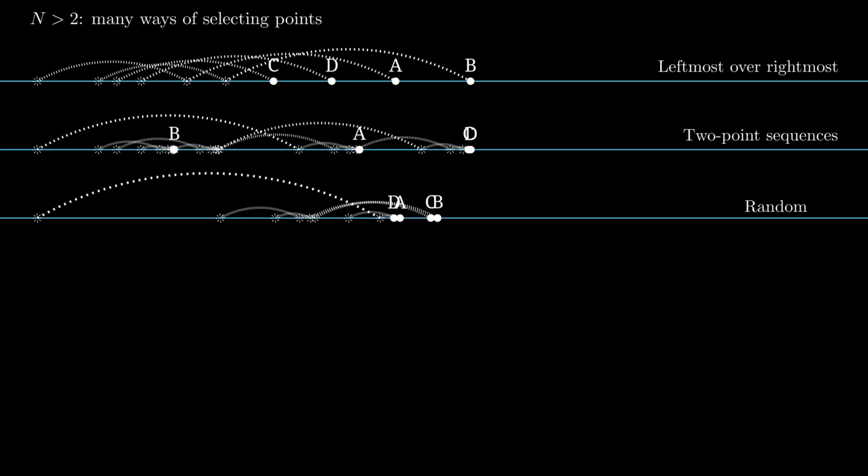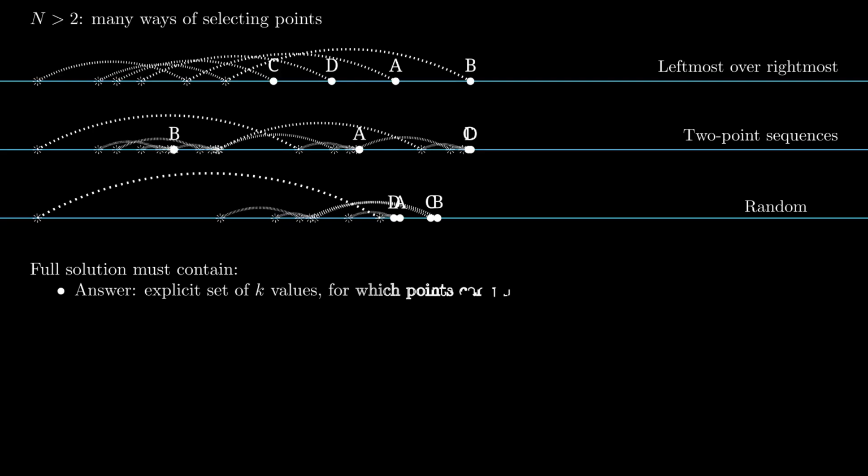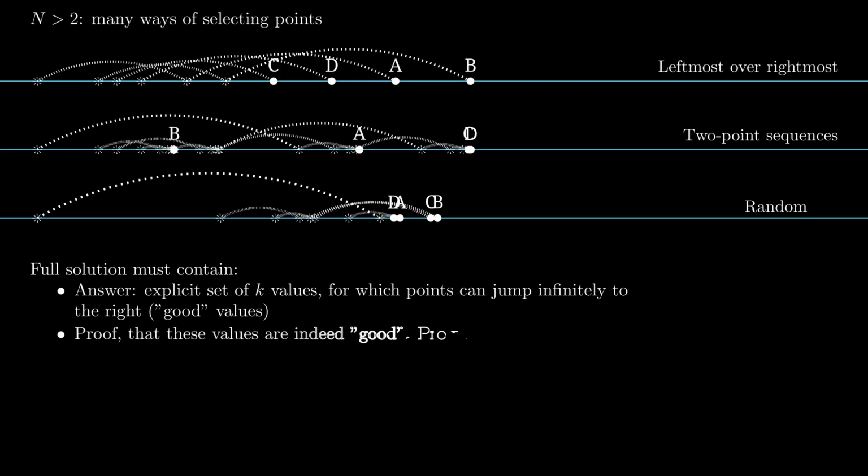The complete and exhaustive solution of the problem must contain the answer: an explicit set of k values for which points can jump infinitely to the right. Let us call them good values. It must also contain proof that these values are indeed good. You must provide a jumping strategy and show that it works.